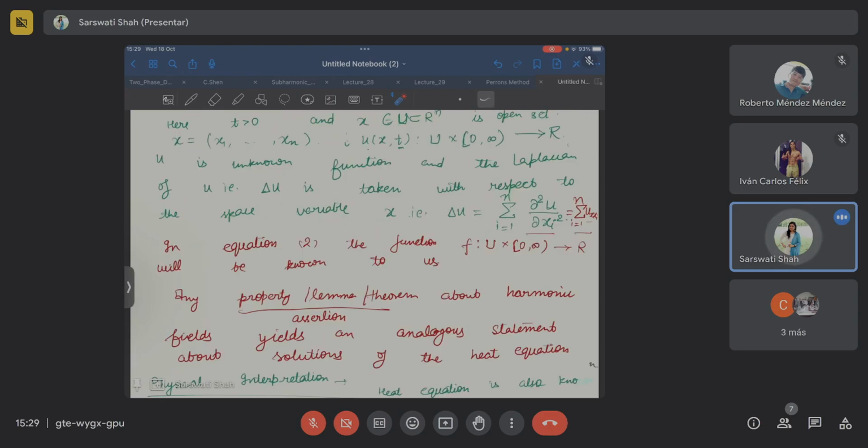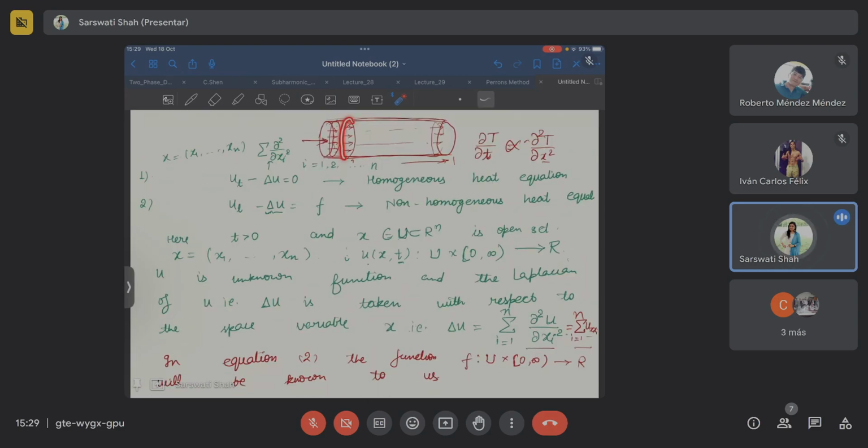In the same way, if you talk about the heat flow in this rod, it will move from this point to this point. Now when this process starts, the heat of this cross section is going to be less than the heat of this cross section.